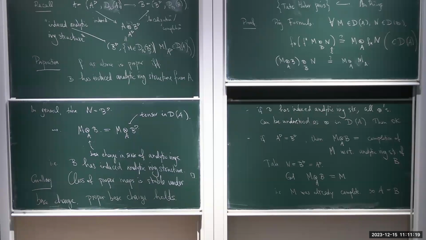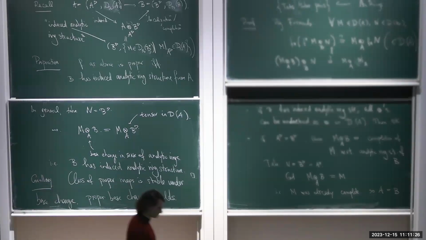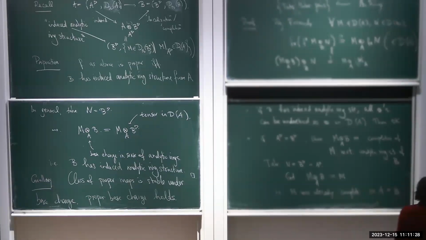And this is a simple check. If you have an induced analytic ring structure, then you can just unravel what all the symbols mean. It comes out right.